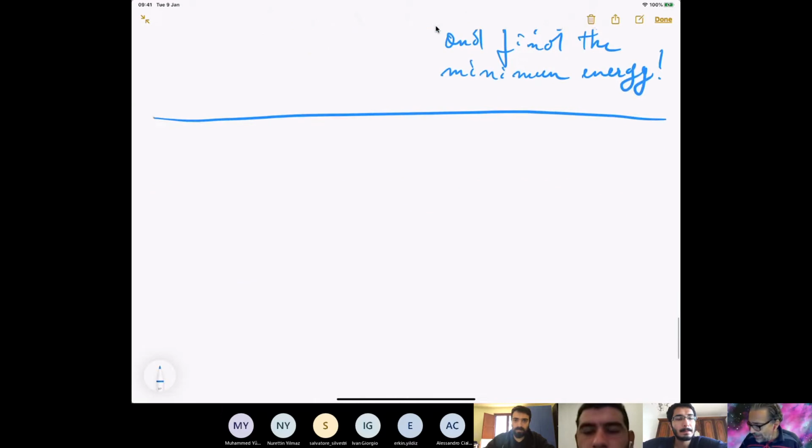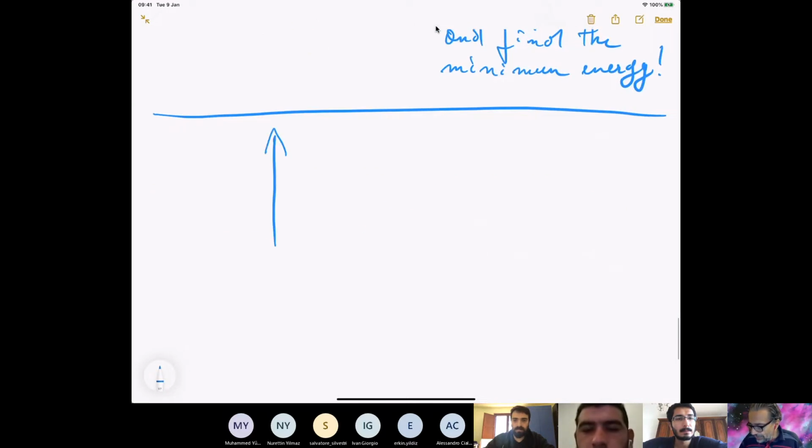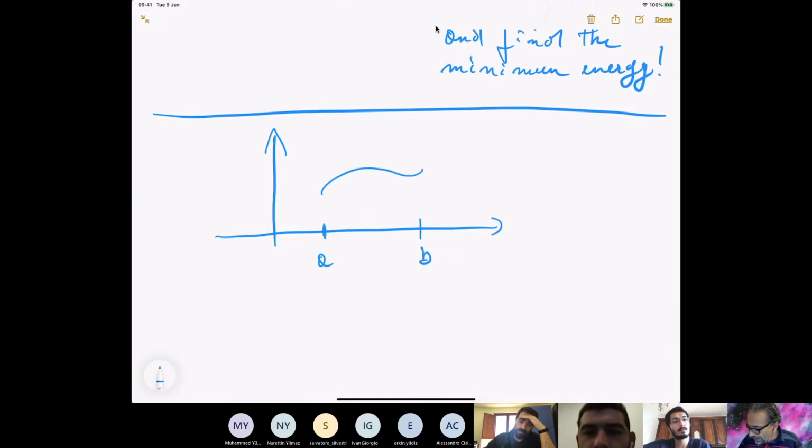For instance, I am sure that, talking about a function of one variable defined in an interval, you have studied maxima and minima.